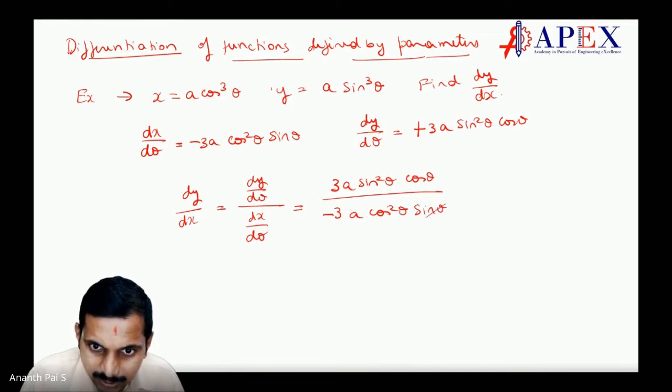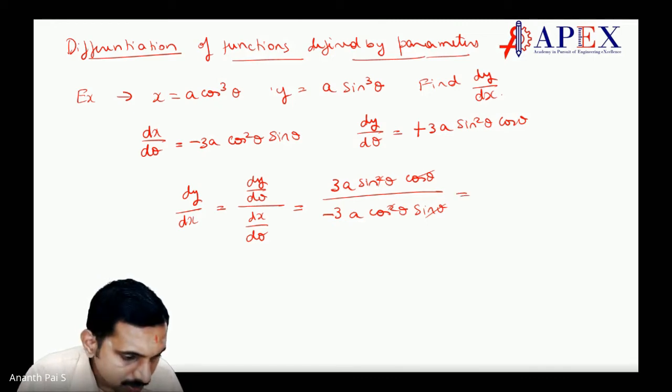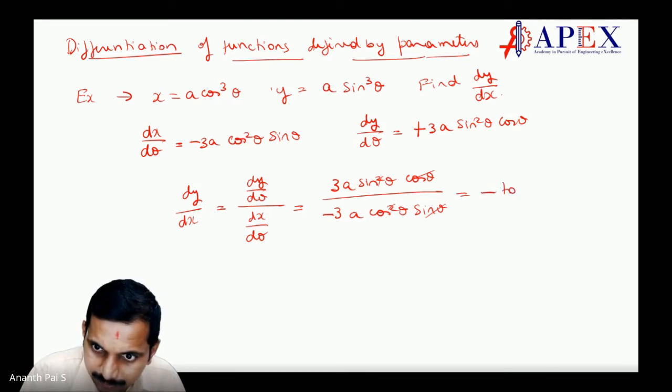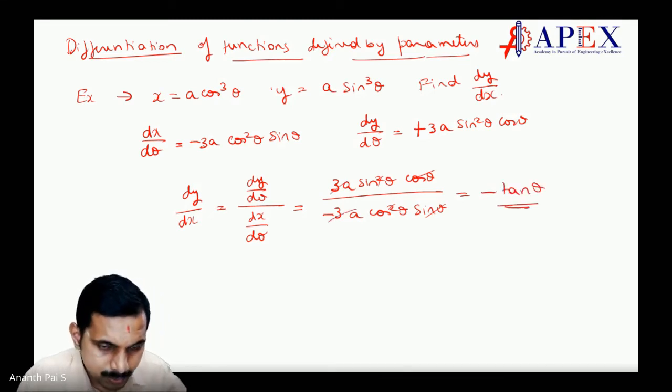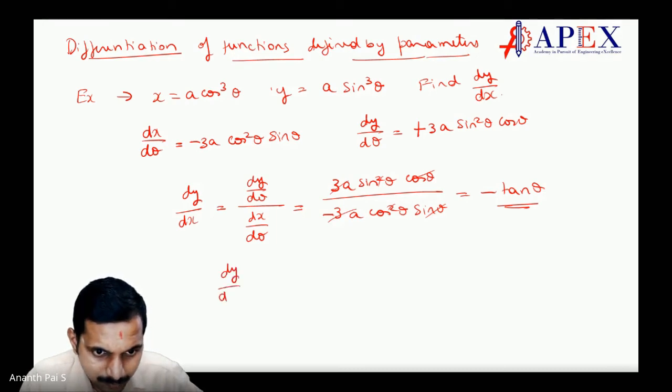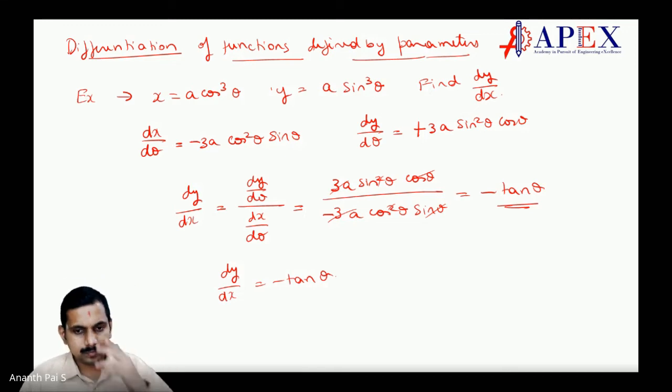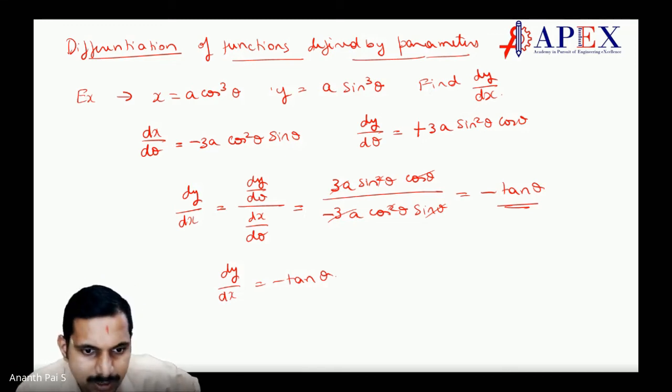So sine theta can cancel, cos theta can cancel. What remains is a 3a and everything can cancel, so what remains is minus tan theta. Makes sense? So dy by dx is minus tan theta. Correct. Simple.